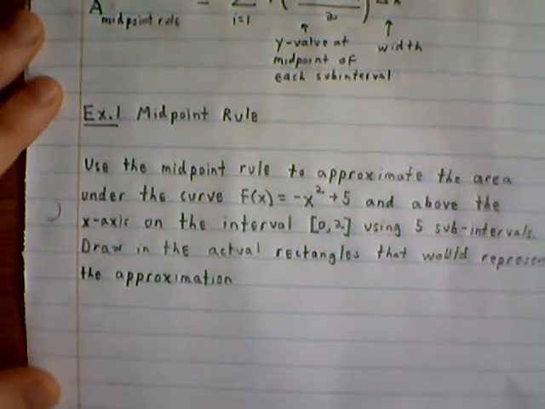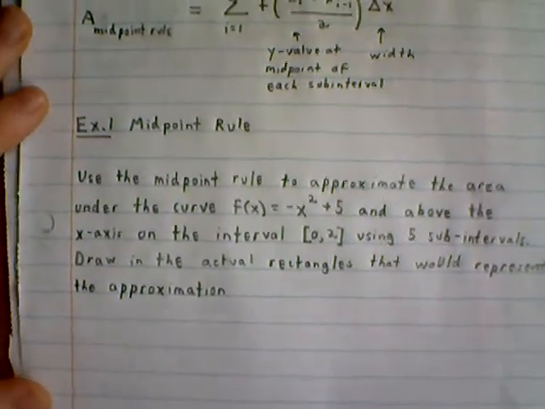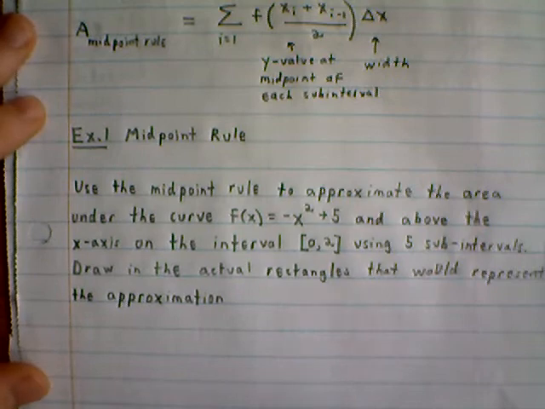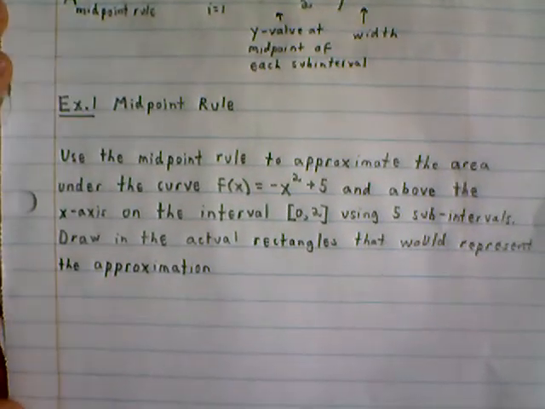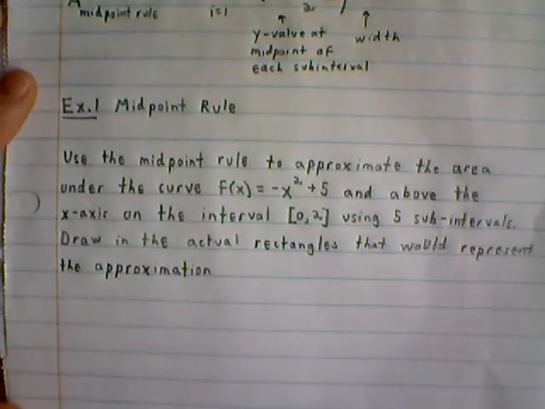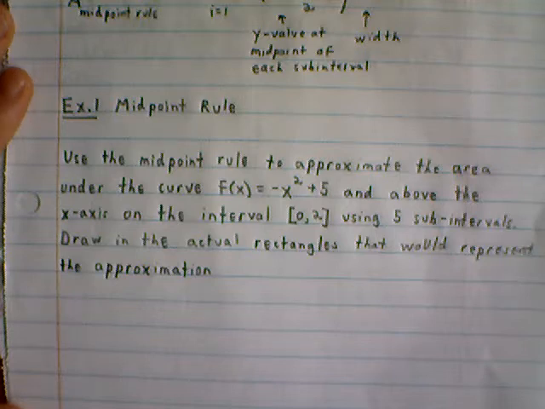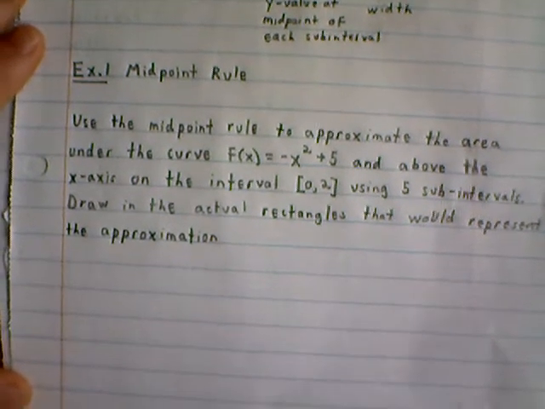So here's our first example to see how we apply the midpoint rule. Use the midpoint rule to approximate the area under the curve f of x equals negative x squared plus 5, and above the x-axis on the interval 0, 2, using 5 subintervals. Draw in the actual rectangles that would represent the approximation.